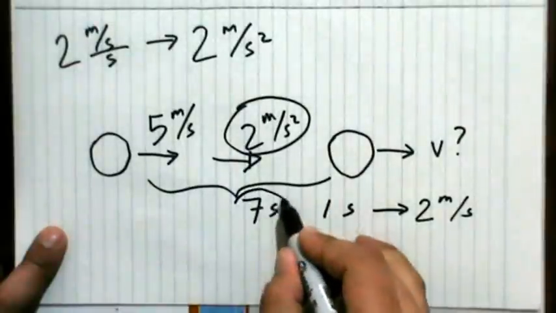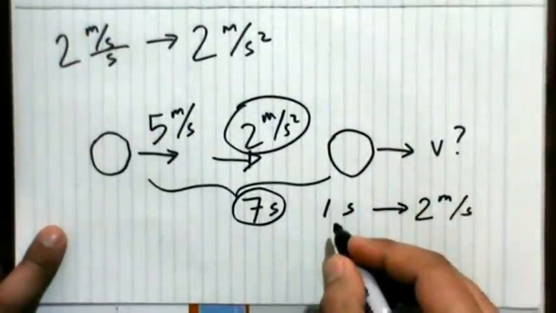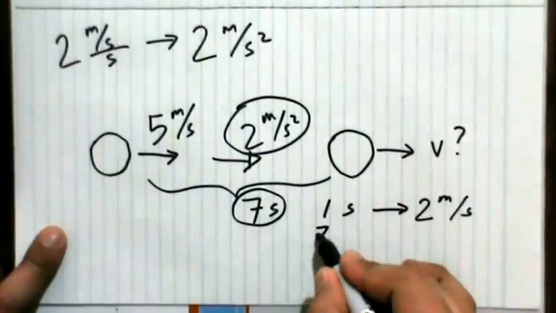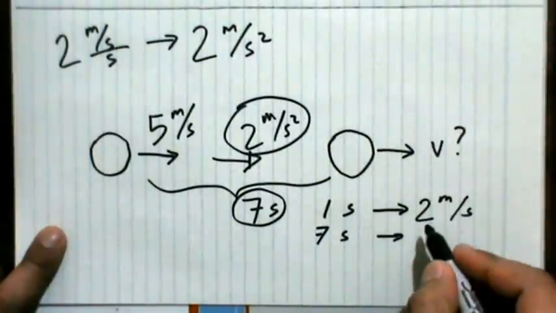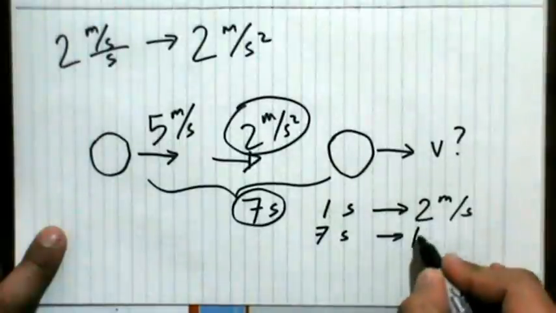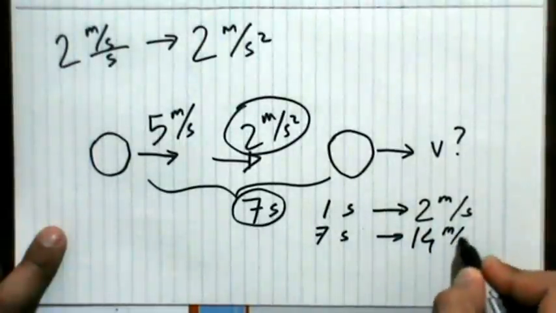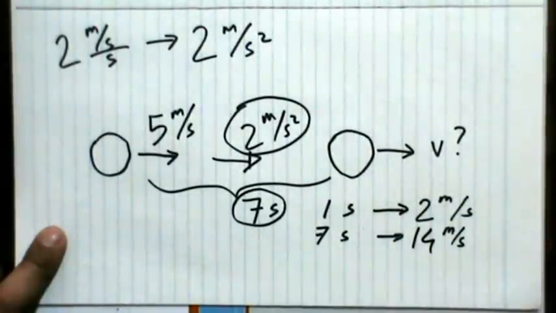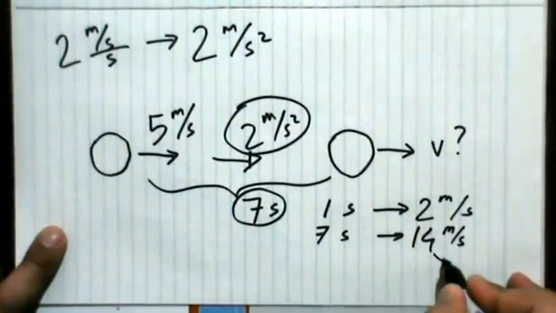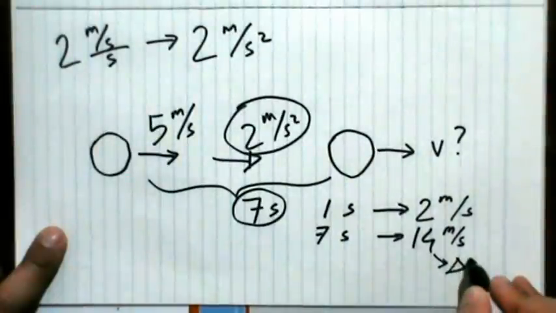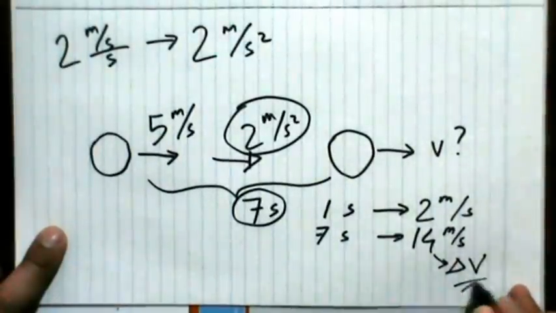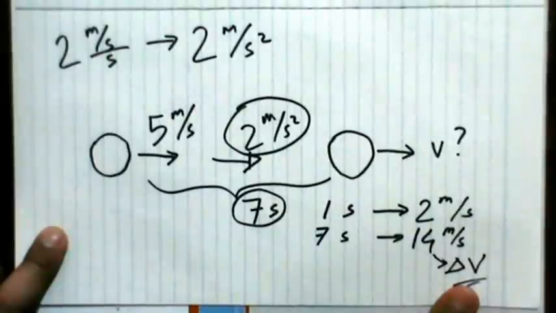So if the object moves 7 seconds, the increase of speed here becomes 14 meter per second. Using simple proportionality, you can get this. This is the increase of speed, or I'll call this delta V. This is the first important thing that we need to find.